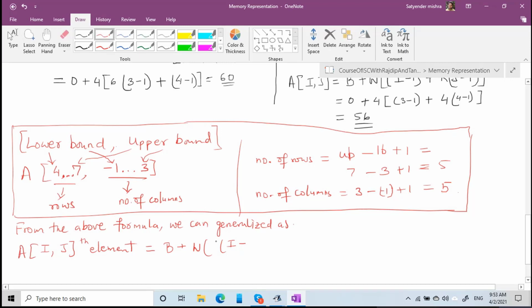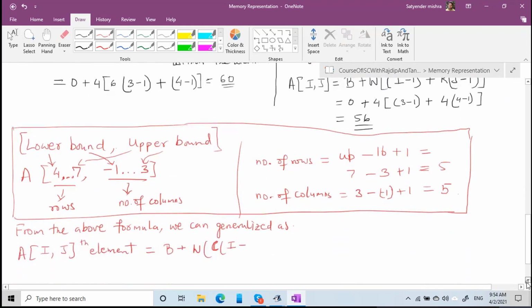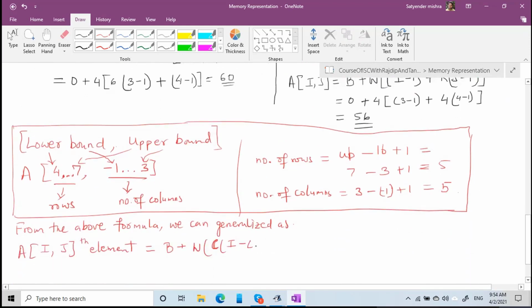The number of columns is C. Then I minus, you have seen that the lower bound of row is LR, right? So we put here the lower bound of row, that is LR. And what is this C? This is C, and this is R. So we need to calculate the value of C before using this formula. Fine.